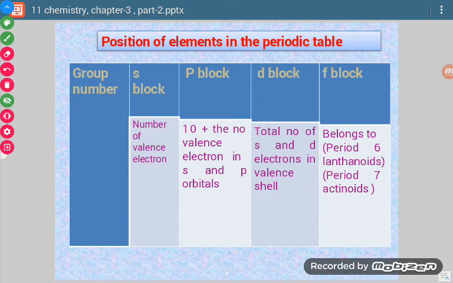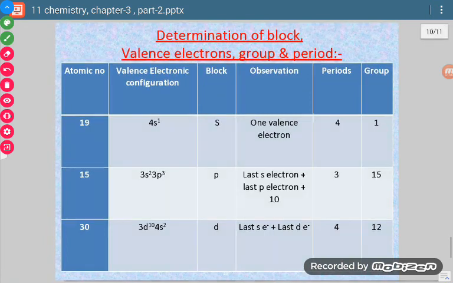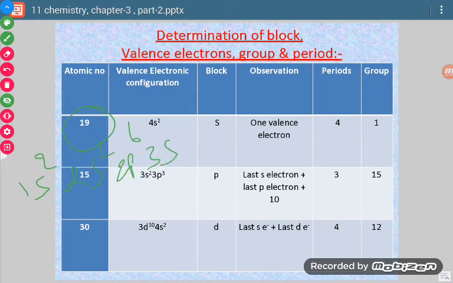Now let us discuss it with the help of examples. If I take an element with atomic number 19, then when I write the electronic configuration: 1s2, 2s2, 2p6, 3s2, 3p6, 4s1.